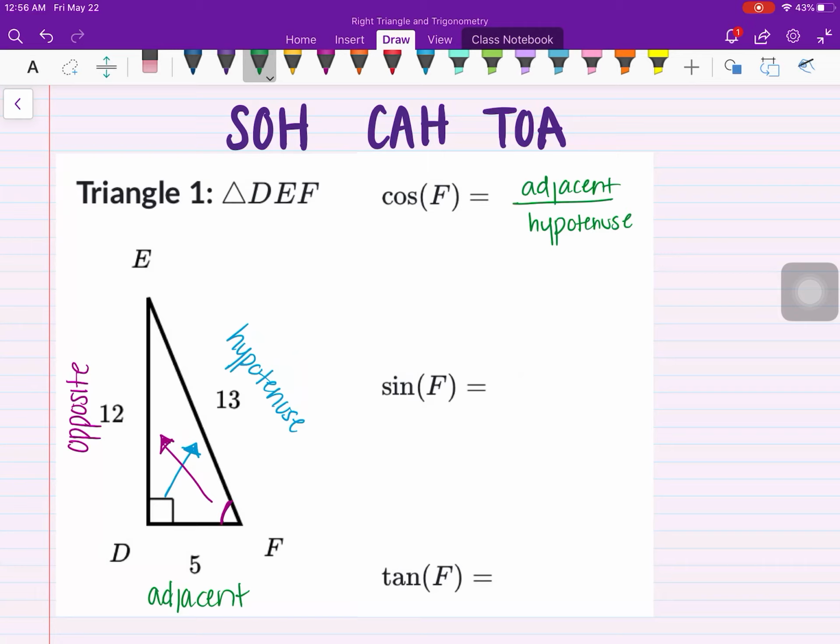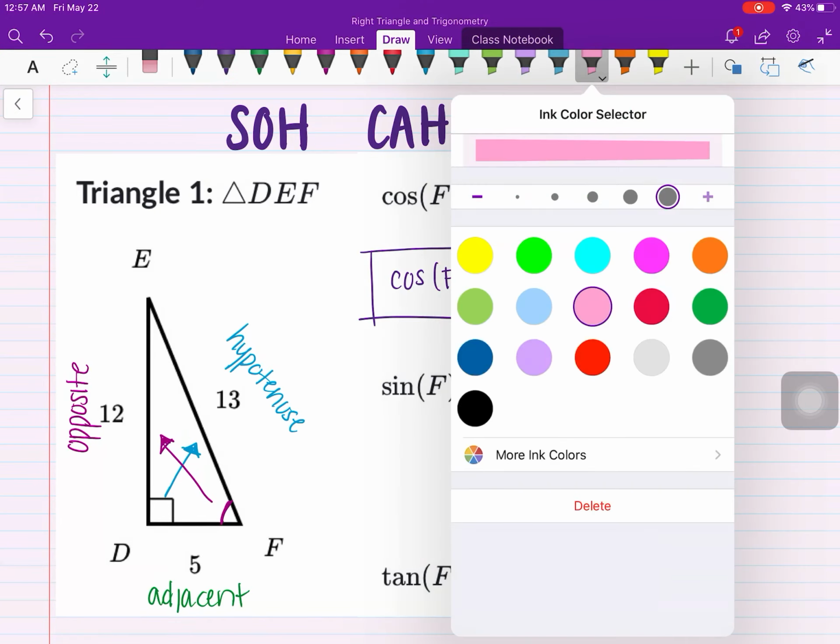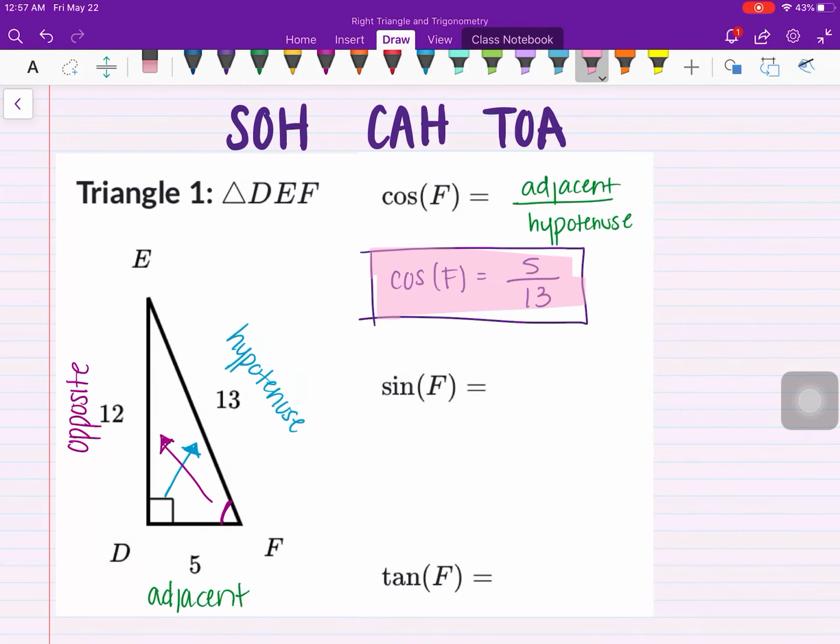So all we have to do here is substitute the values for each of these sides. Cosine of F equals the adjacent side, which would be 5, over my hypotenuse, which is 13. So this here would be cosine of F.